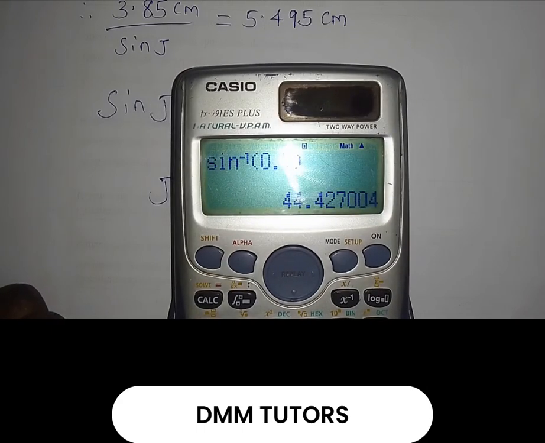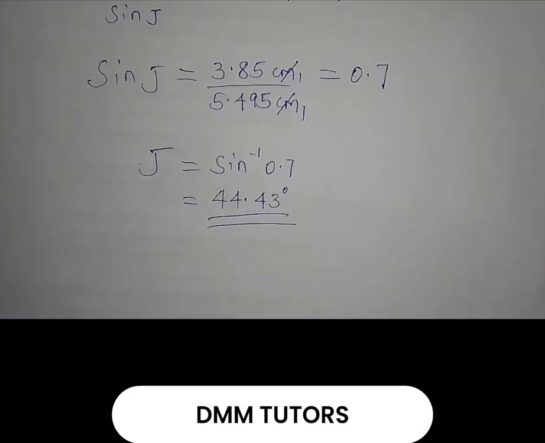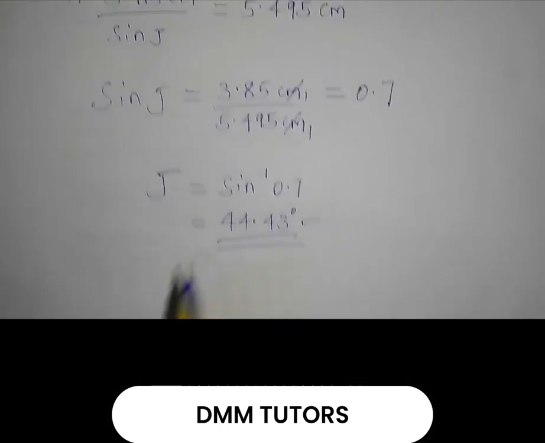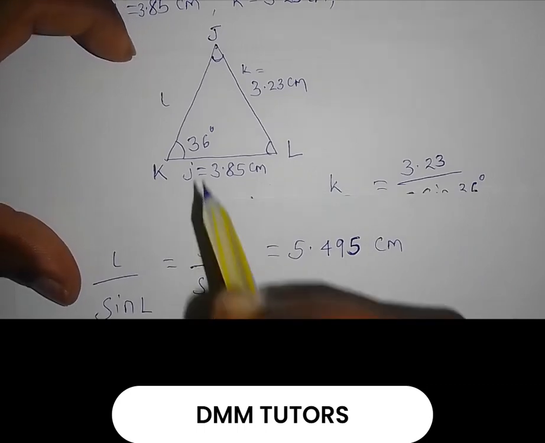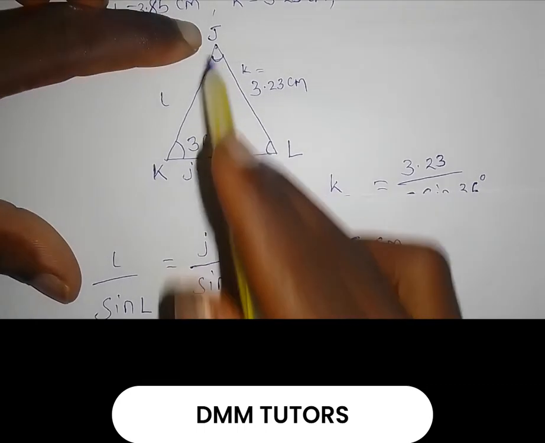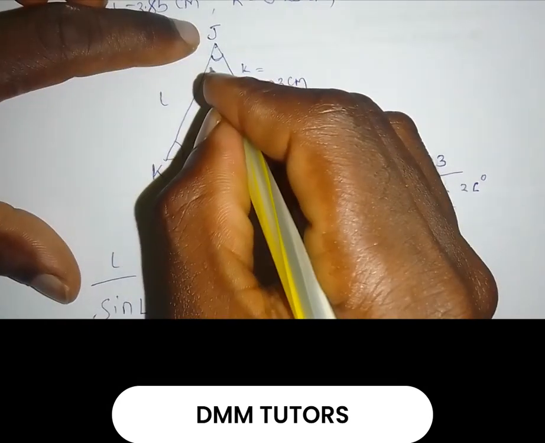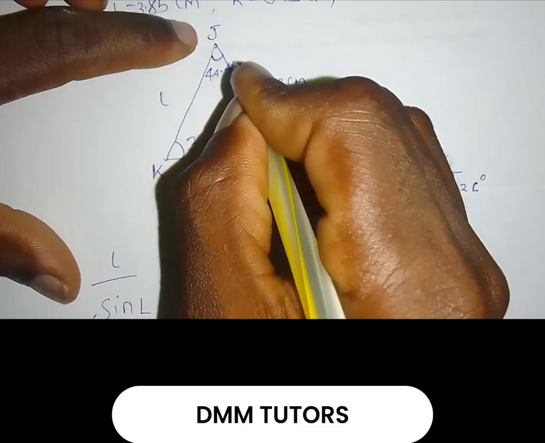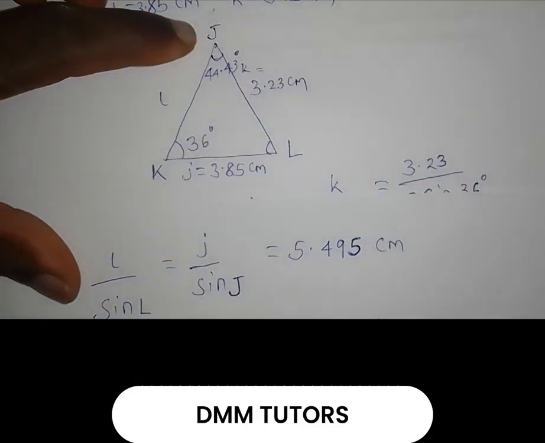Do we find it? So in this triangle diagram, we have found J, which is 44.43 degrees.